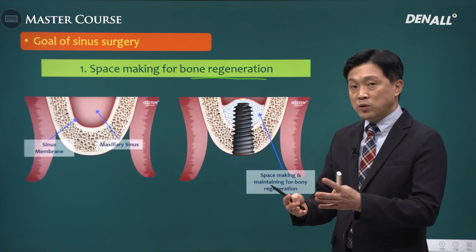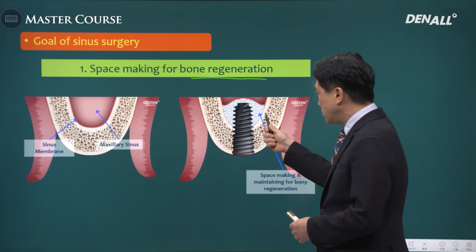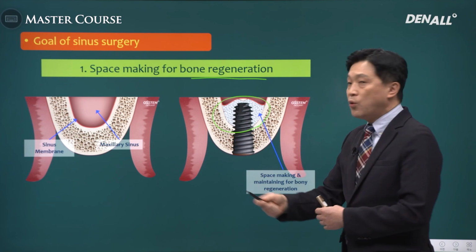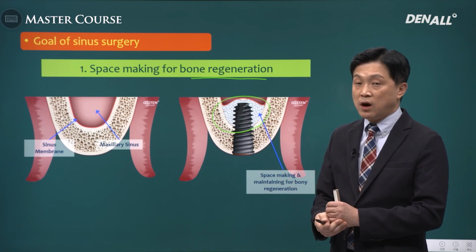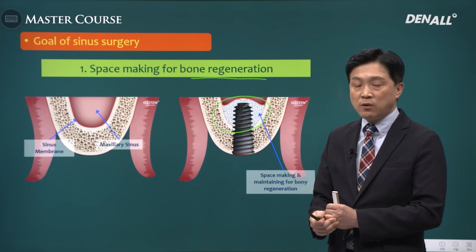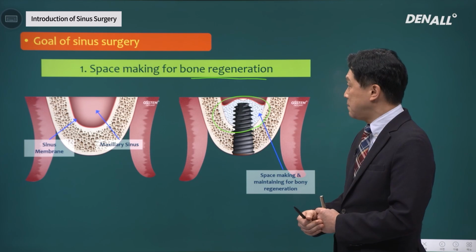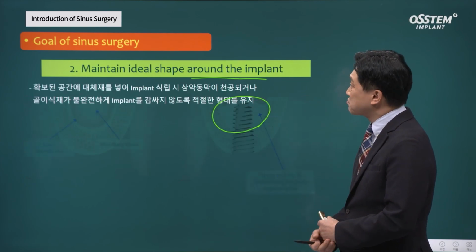In the space in between, we need to make sure the detached membrane does not stick as well, so you need to make a blood-filled cavity or put bone graft material here to maintain space. And within the space, we need to regenerate bone. That is the most important concept that we should bear in mind.